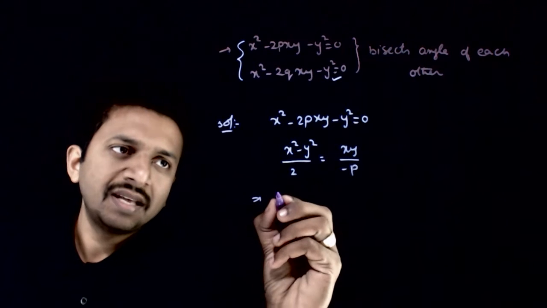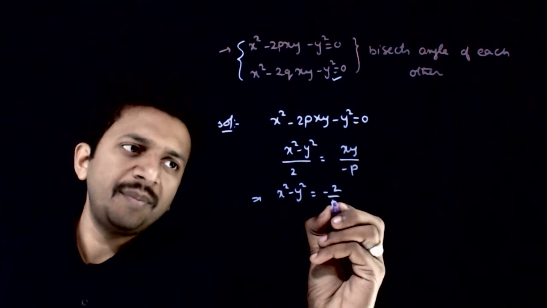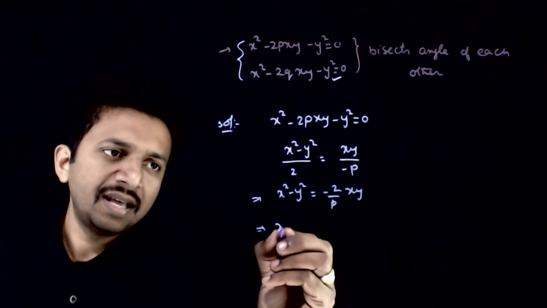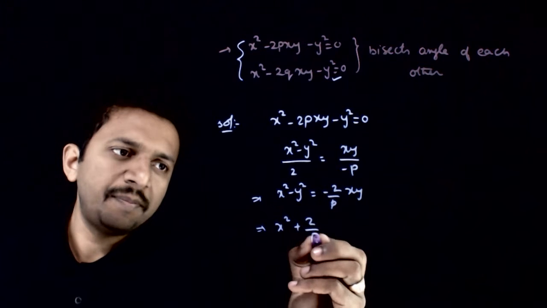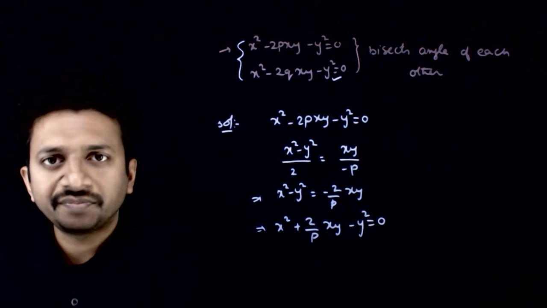So this implies x square minus y square is equal to minus 2 by p times xy. This implies x square plus 2 by p times xy minus y square is equal to 0.